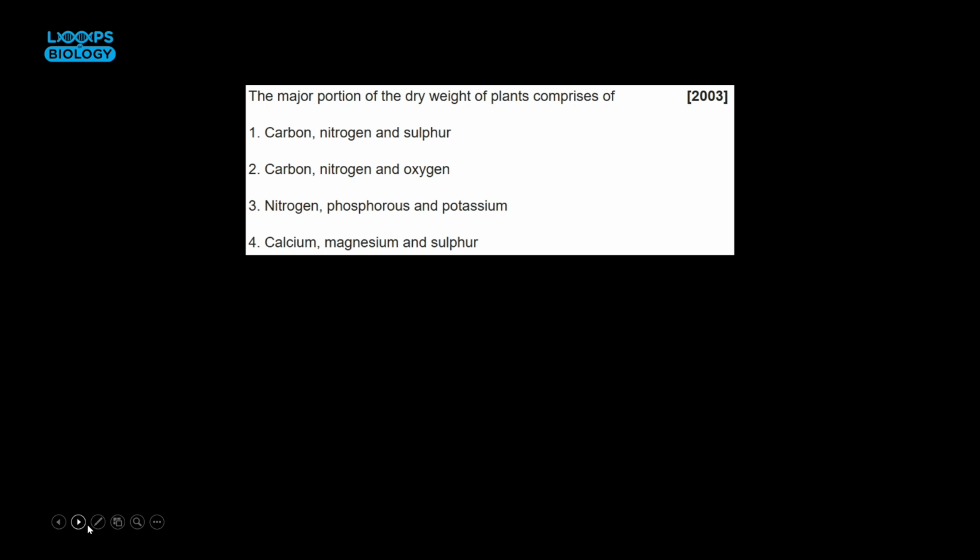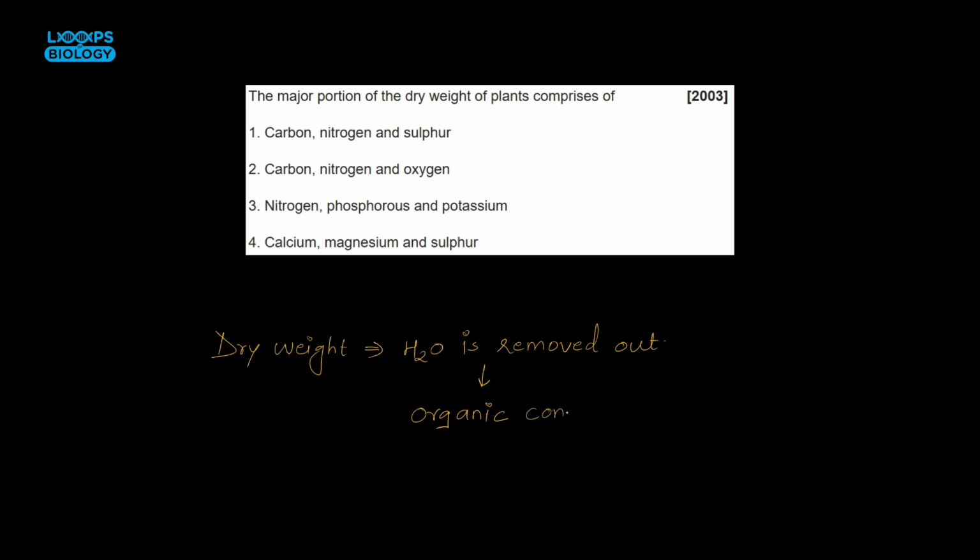The major portion of the dry weight of plants comprises of, whenever I'm talking about dry weight, the dry weight is nothing but when the water is removed. And whenever I am removing the water, I am left with only organic content. So wherever I see carbon, that will be my answer.